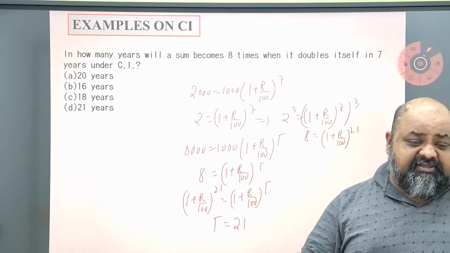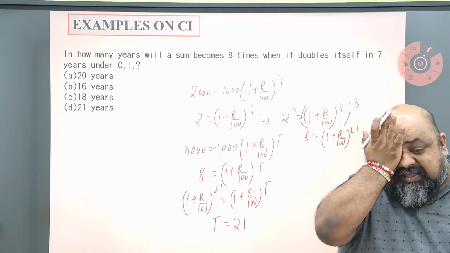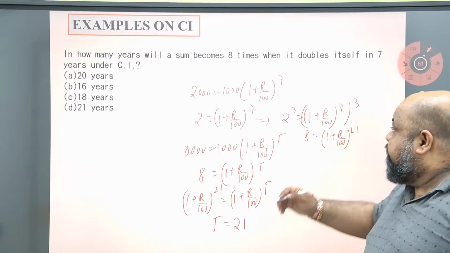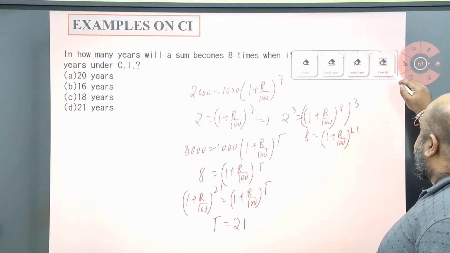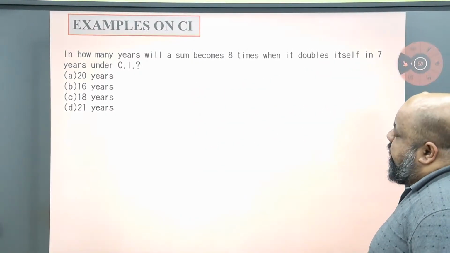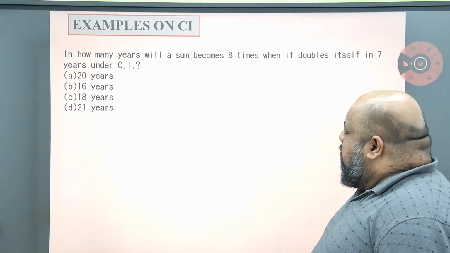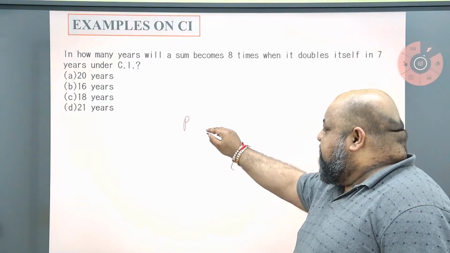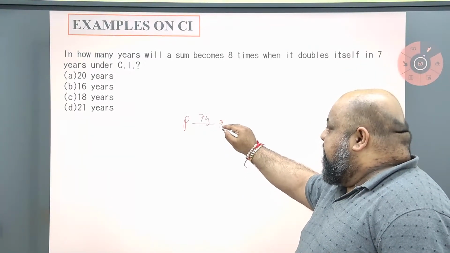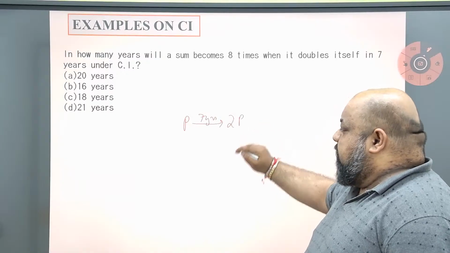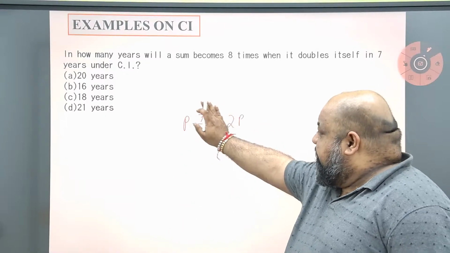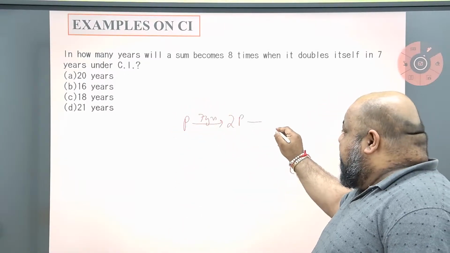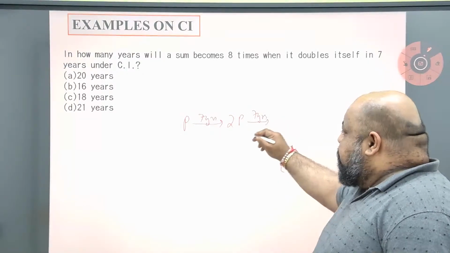In terms of formula, this is how it plays out. But logically speaking, what I'm saying is, if I start with P, in 7 years it becomes 2P. If I forget the first part, in the next 7 years this 2P should also double.